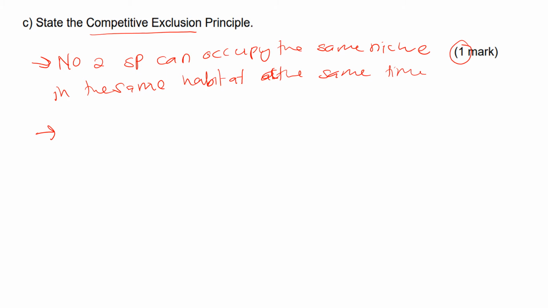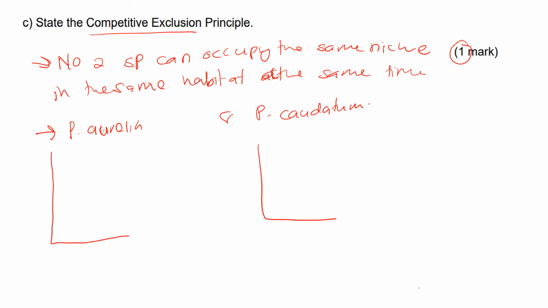For example, in your notes it gives you the example of paramecium. Two paramecium species, which are Paramecium aurelia and Paramecium caudatum. When you grow these two species in separate media, they will grow very well because they have enough food and enough space to live in.